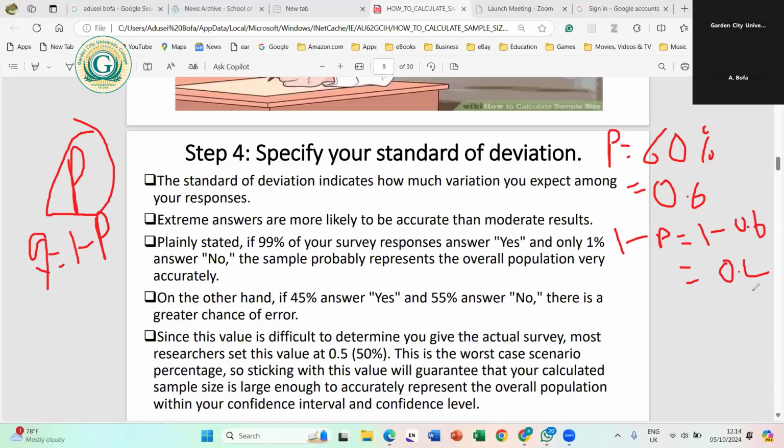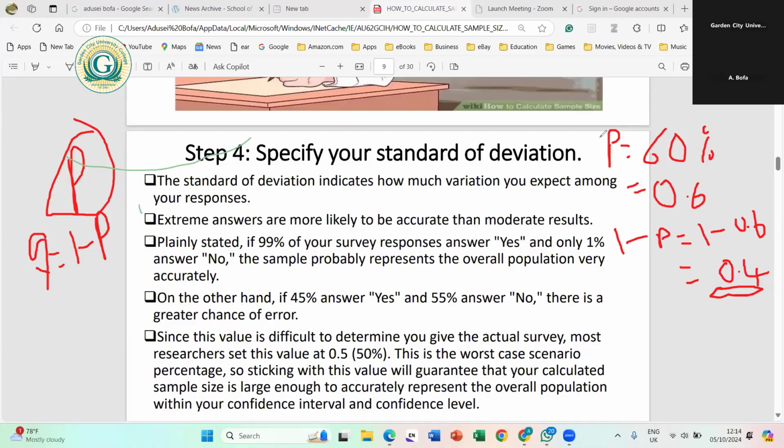So it means that those who are not experiencing malaria in Garden City University is just 40%. That is the percentage of individuals who are not experiencing it.